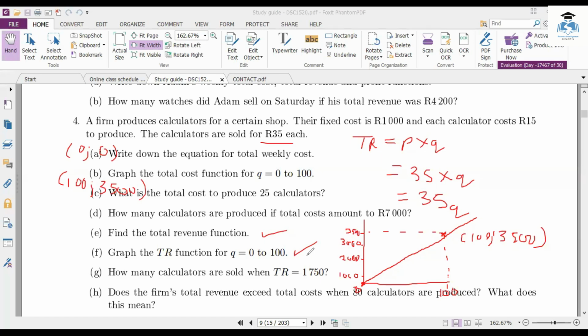Will they ask you to draw a graph? Sometimes they might not ask you to draw a graph, but they might provide you with different graphs and tell you which one is representing the TR function.